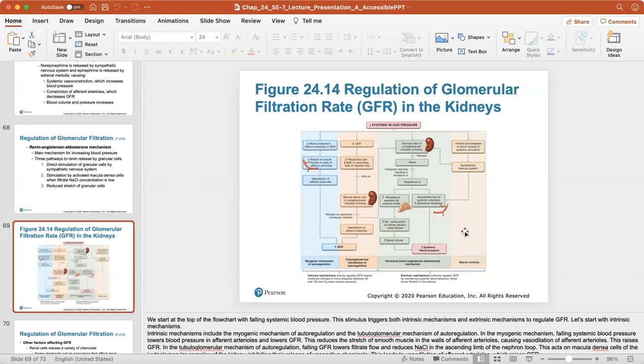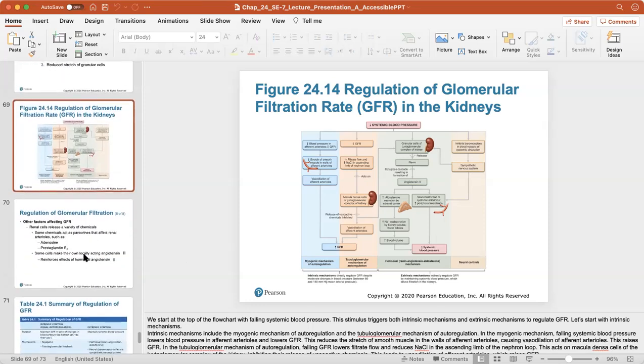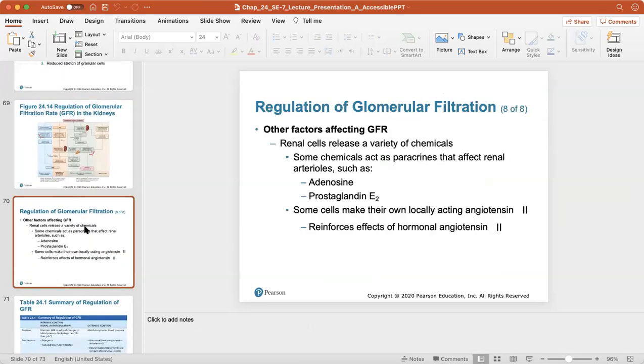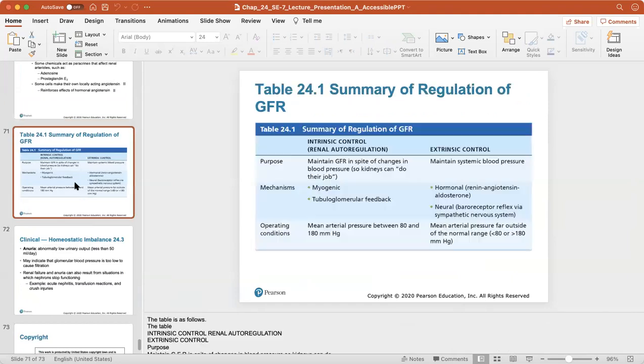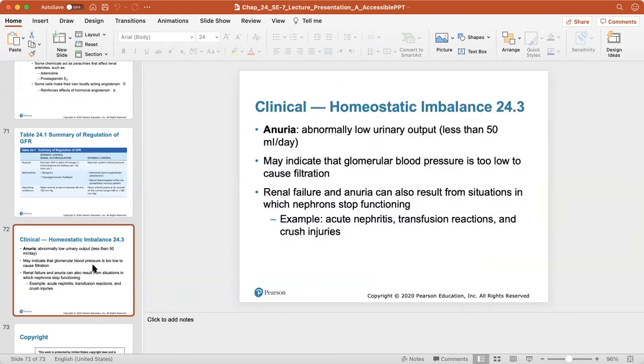Angiotensin 2 also causes vasoconstriction of the systemic arterioles, which increases peripheral resistance, also increasing systemic blood pressure. And then the neural controls are just trying to increase the sympathetic nervous system. Here are some other factors affecting GFR, but this is probably a great summary of regulation of the glomerular filtration rate, the purpose of all the intrinsic controls, and then the extrinsic controls.